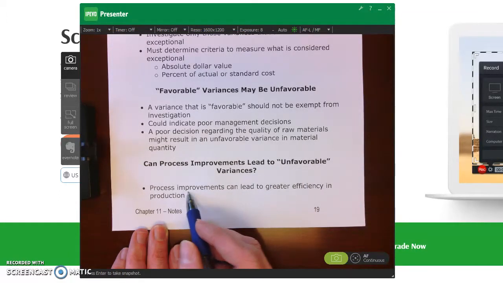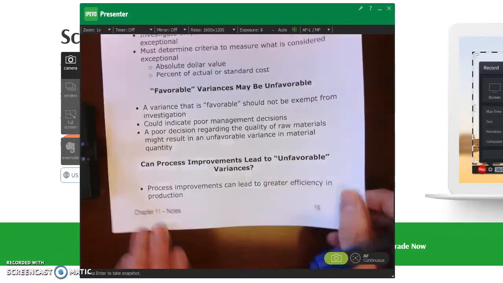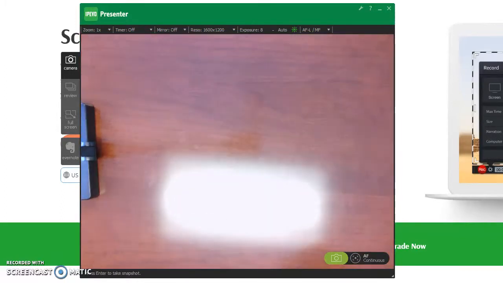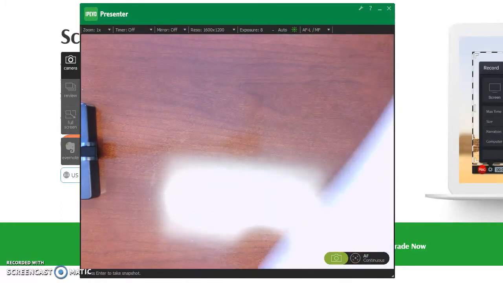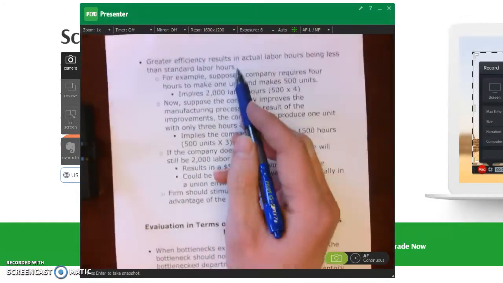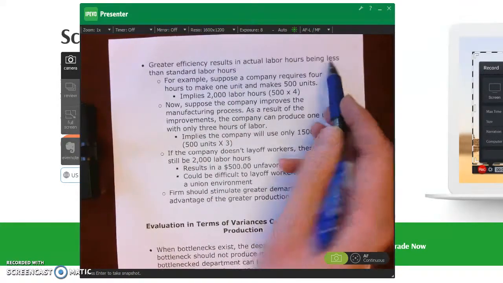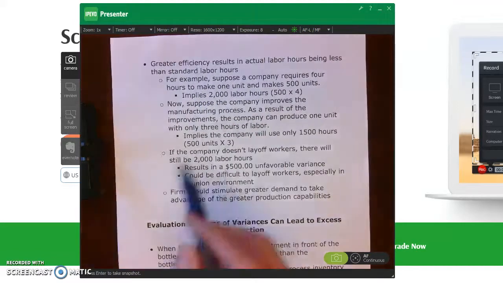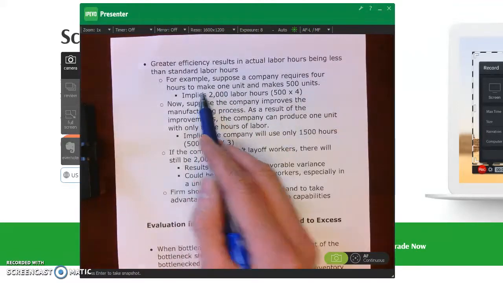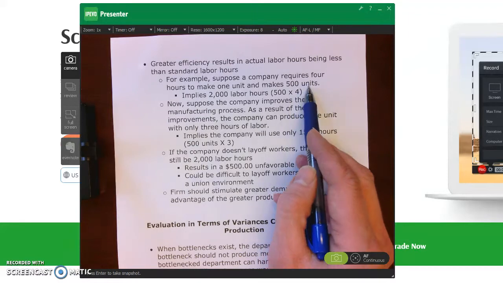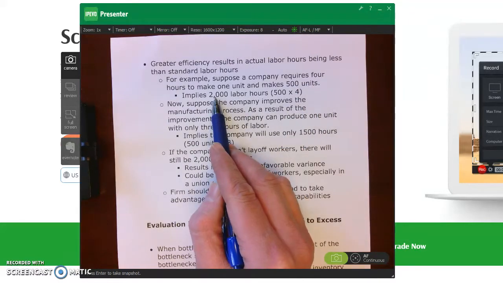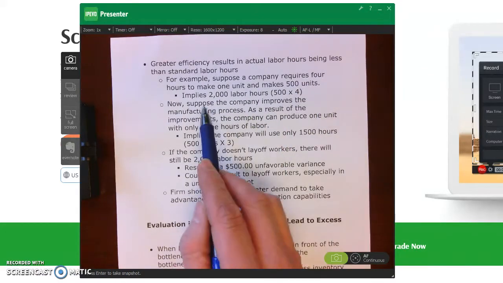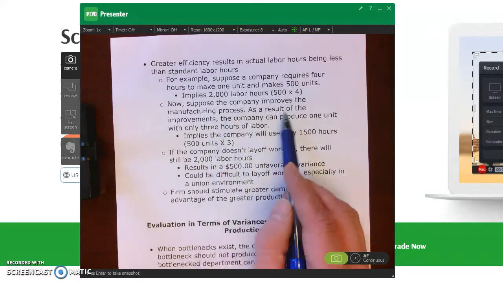Okay. So we say over here, can process improvements lead to unfavorable variances? Process improvements can lead to greater efficiency in production. Okay. That would make sense. Greater efficiency could result in actual labor hours being less than the standard labor hours. So, for example, a company requires 4 hours to make one unit, and they make 500 units. That implies 2,000 labor hours, 500 times 4. Now, suppose that the company improves the manufacturing process.